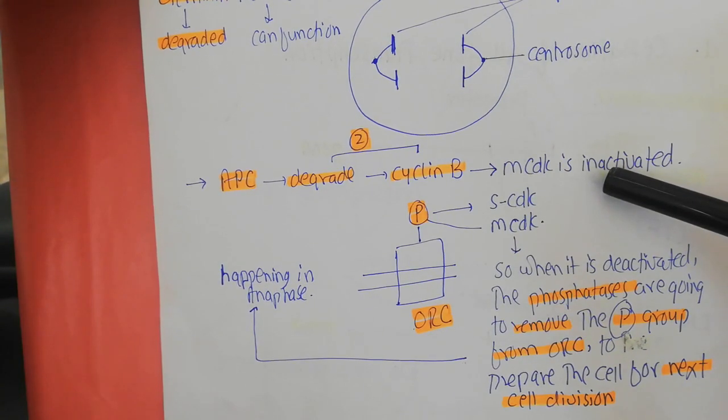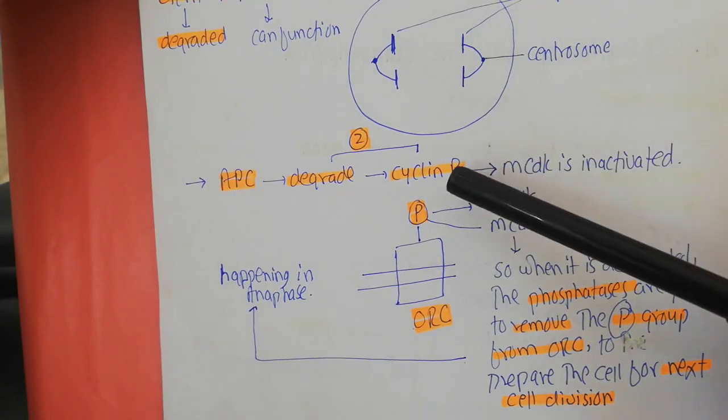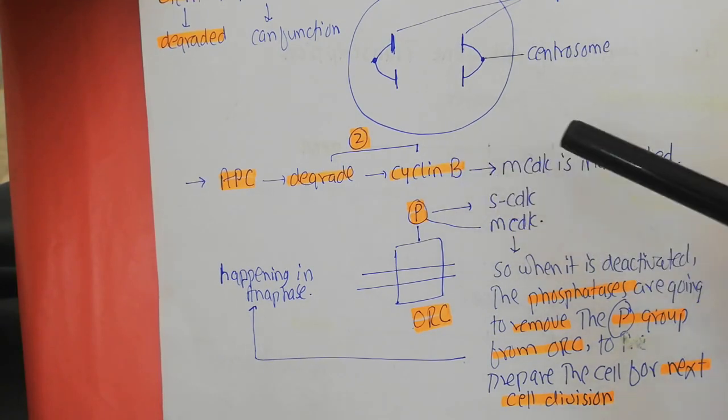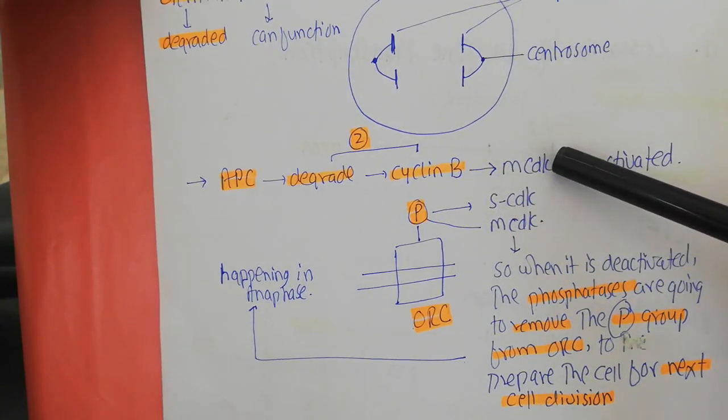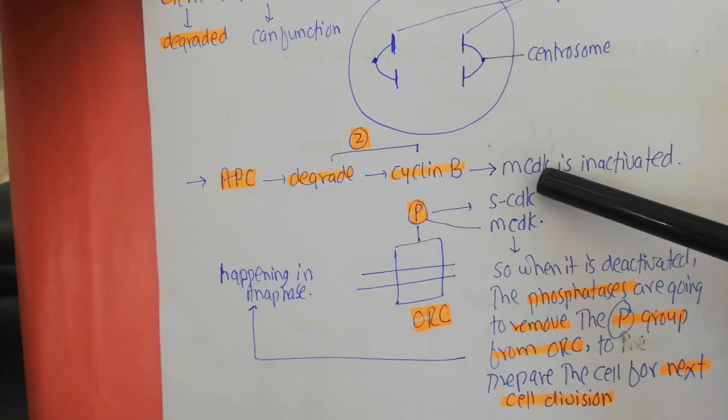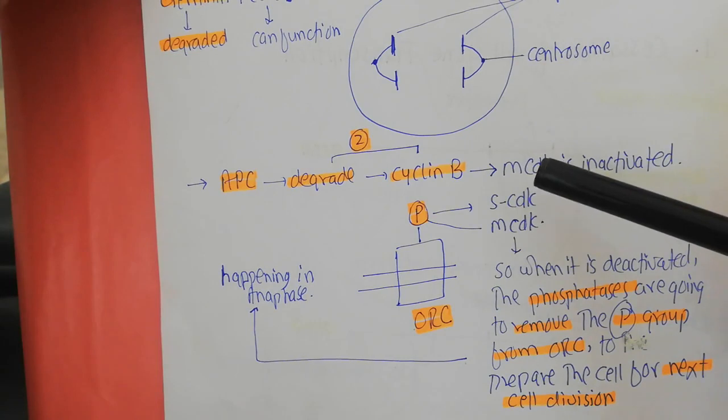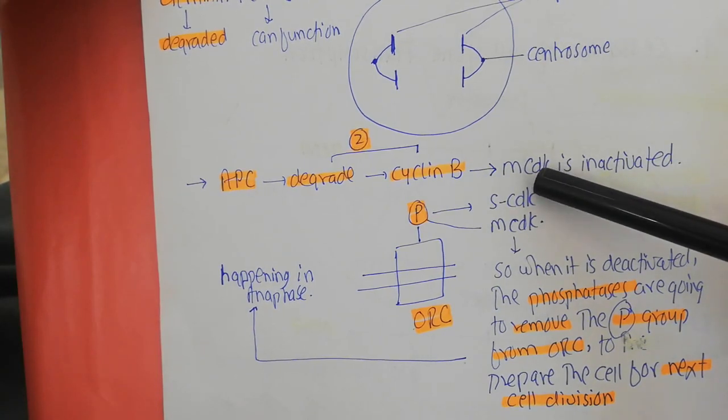Now, what will be the advantage if you are going for the degradation of the cyclin B and the inactivation of the MCDK? If you remember, this MCDK was performing a lot of important functions at the start of the M phase. One of its important functions was the condensation of the genetic material.